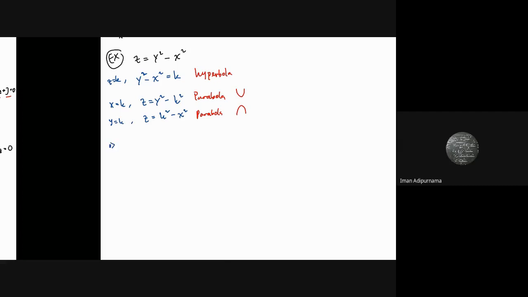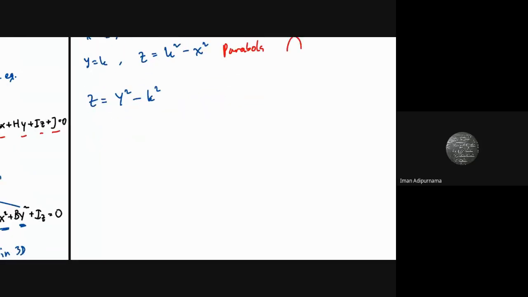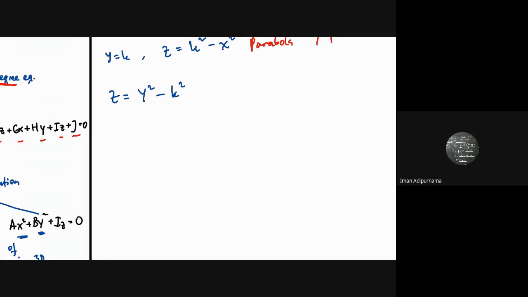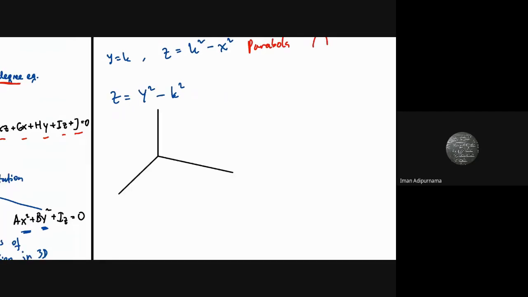So first is z equals y squared minus k squared. Now z equals y squared is here.